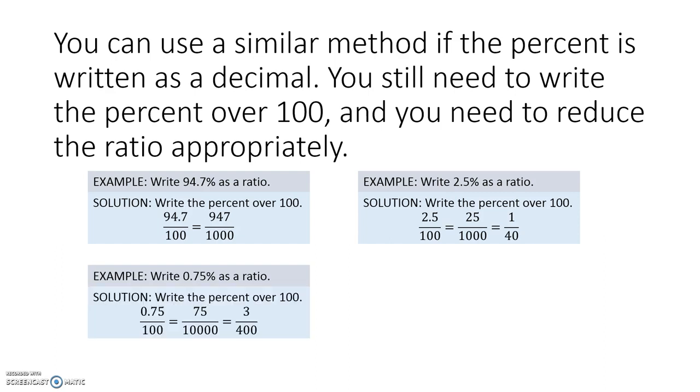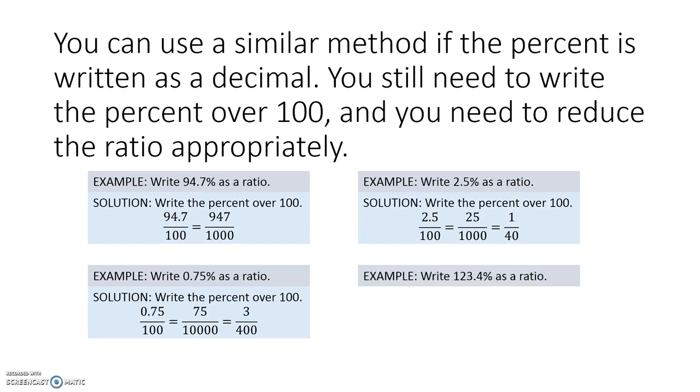Same thing. Write it over 100, move the decimal appropriately. Notice we had two decimal places in the numerator, so we have to move both decimals two places to the right. This gives us 75 over 10,000, and that can be reduced to 3 to 400.